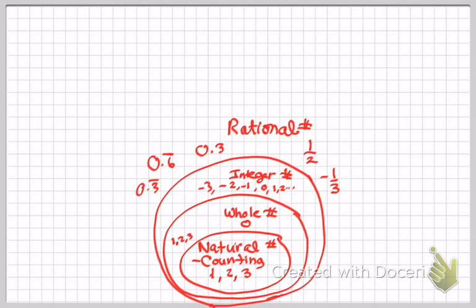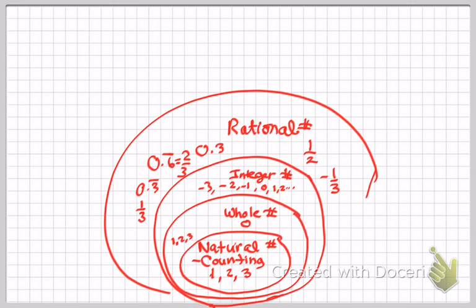Sam? It's 2/3. This should be memorized, absolutely. Any repeated decimal goes over 9. So it's 6/9, and that reduces to 2/3. 0.3 repeated is 3/9, and that reduces to 1/3. So absolutely, our repeated decimals are part of this group.